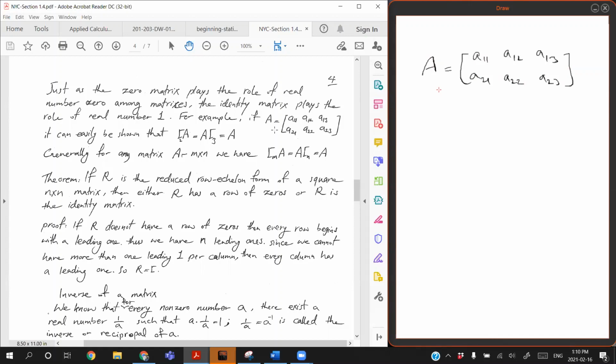If I multiply A by I2 from the left, which will be defined, or if I multiply A by I3 from the right, in both cases, I'm going to get A. So multiplying A by I2 from the left, which is defined, or multiplying A by I3 from the right, which is also defined, is not going to change A. So generally, if A is, let's say, M by N, if I multiply IM by A, or if I multiply A by IN, I'm going to get A.